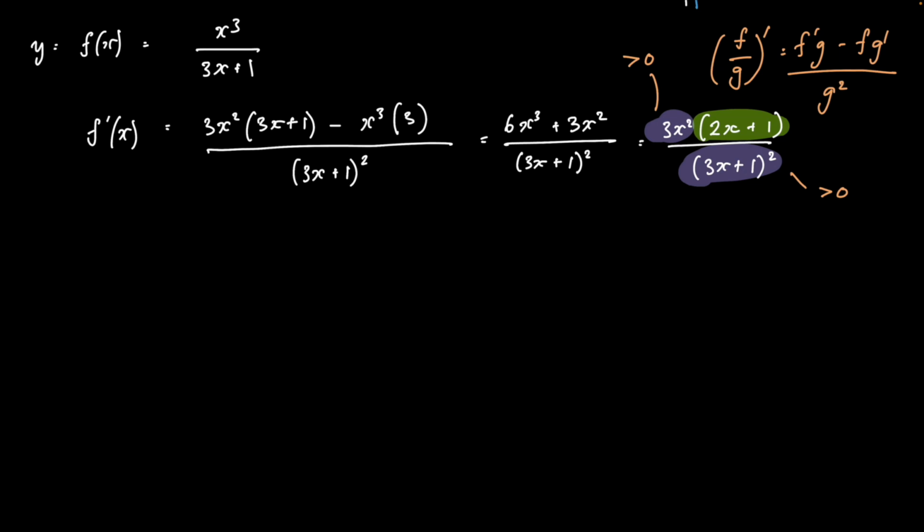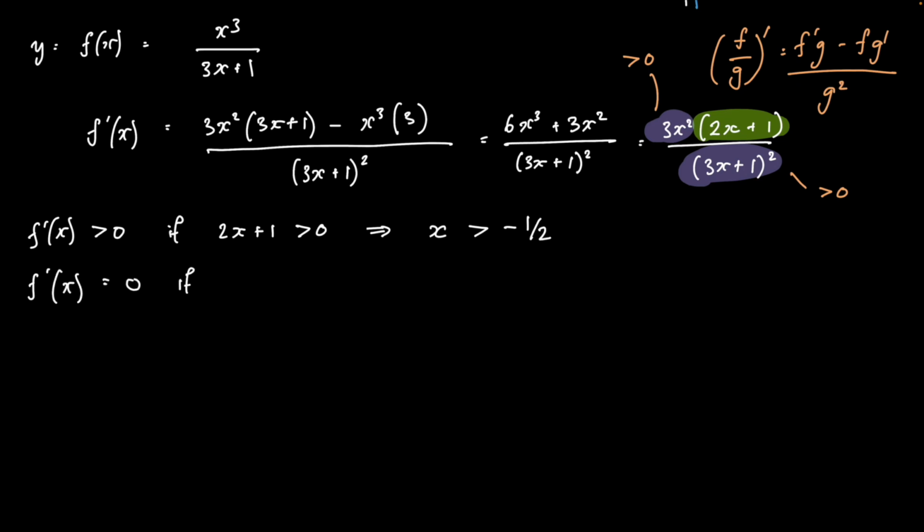So f prime of x is therefore greater than 0 if 2x + 1 is greater than 0, or if we rearrange that, x is greater than negative 1/2. And similarly, f prime of x equals 0 only if 2x + 1 equals 0, which means that x is equal to negative 1/2.